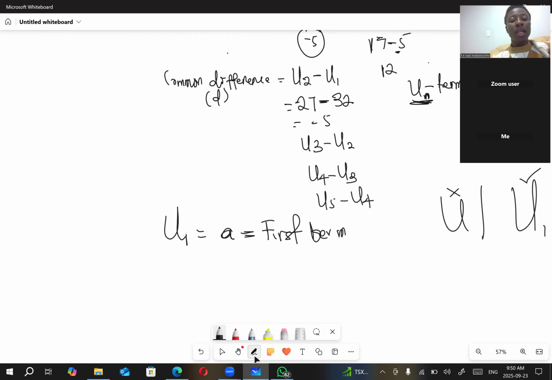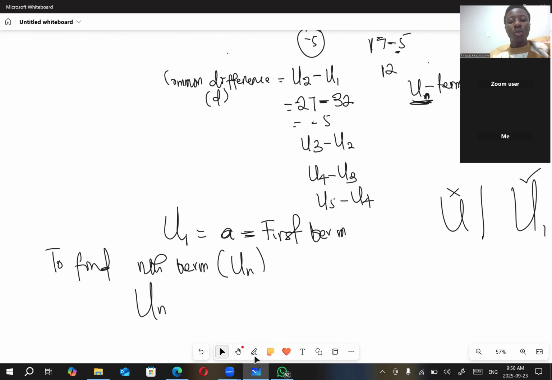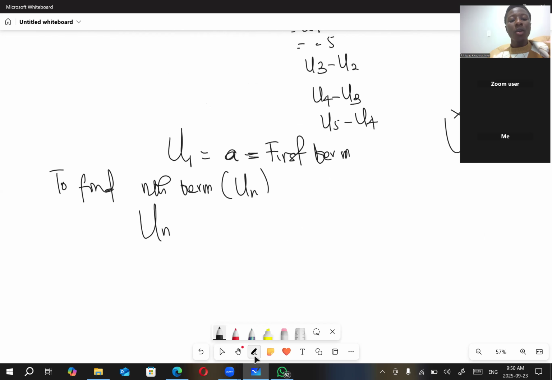Generally in an exam, to find the nth term, as in find the 100th term, which is Un, there's a formula we use. If I ask you to find the nth term, you have to find out what kind of progression it is. Is it an arithmetic progression?